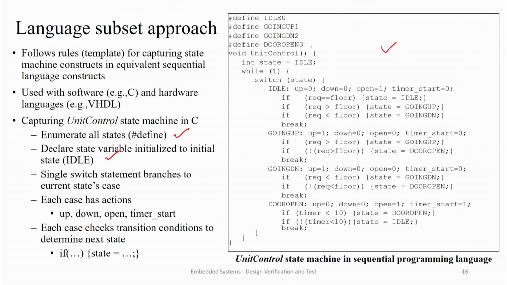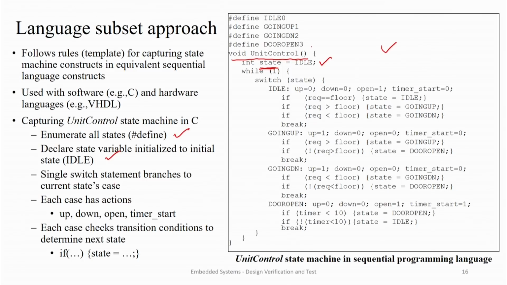Then you have a subroutine for the unit controller, and you go into that subroutine and you have a state variable. The current state is held at any time through this variable state, and this variable is initialized to idle. So, we declare the state variable initialized to the initial state, idle, for our case.